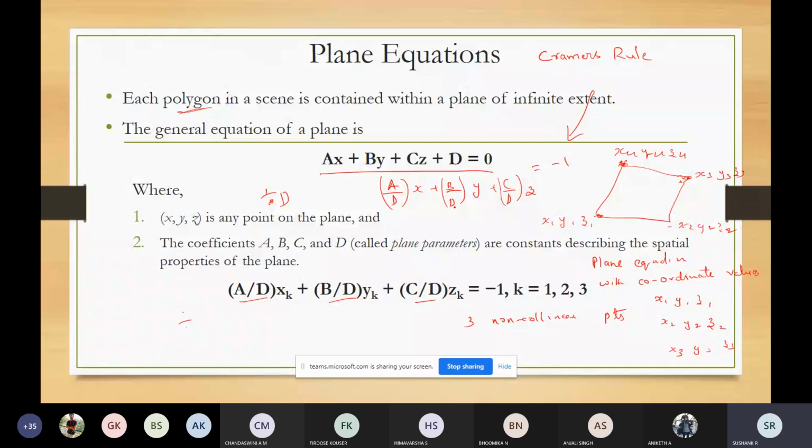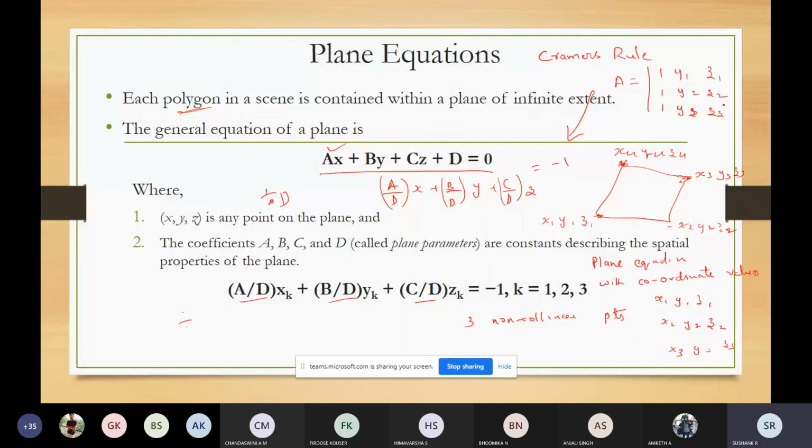According to that, the coefficient A is given by the determinant where the x coordinates will be 1, 1, 1, the y coordinates will be y1, y2, y3, and the z coordinates will be z1, z2, z3.